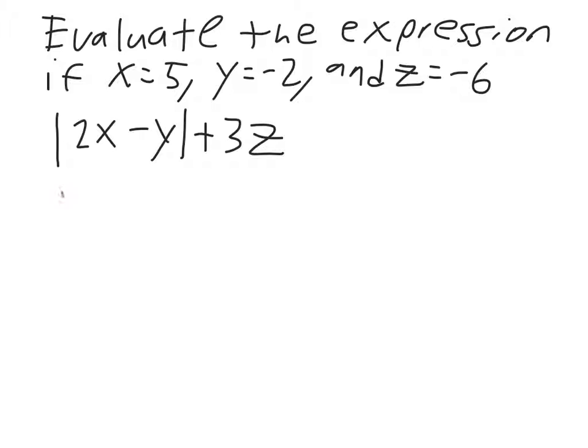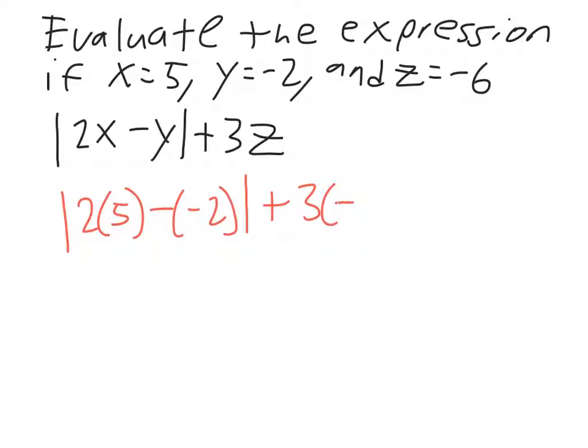So we'll have the absolute value of 2 times 5 minus negative 2 plus 3 times negative 6.